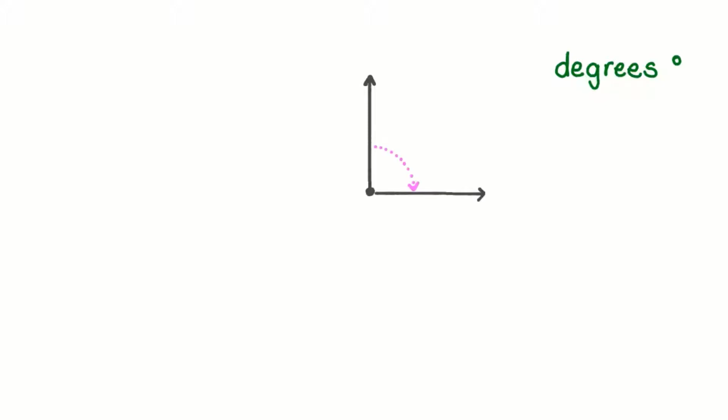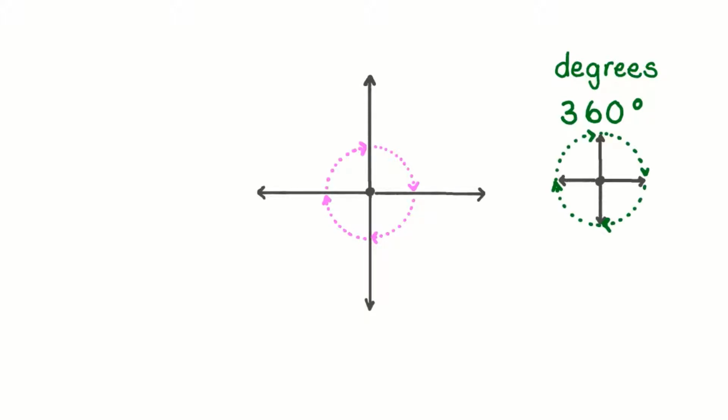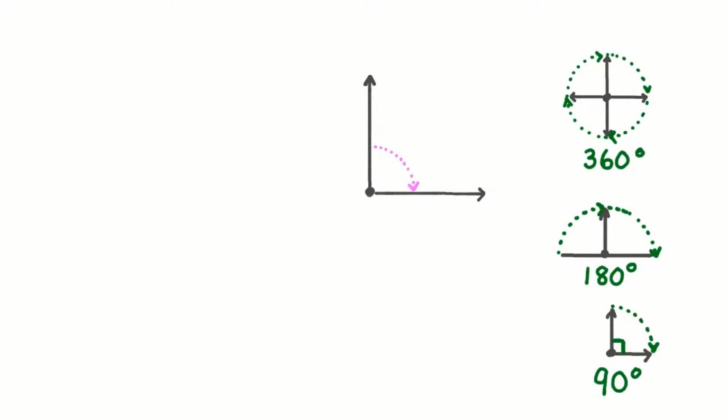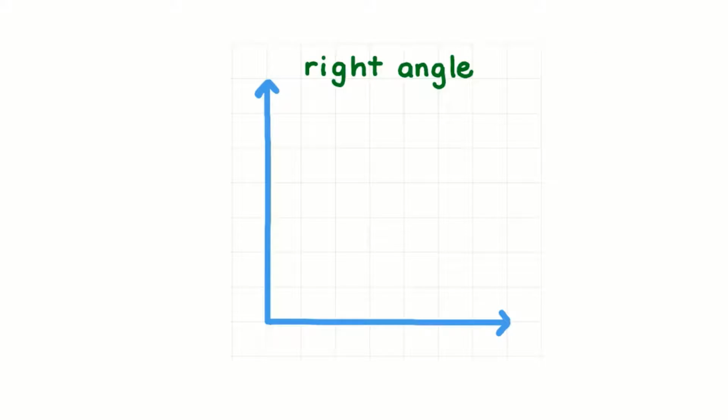A complete turn is 360 degrees, and if we make half a turn, we've turned 180 degrees. And a quarter of a turn is 90 degrees. Angles which have a square corner, like this angle, are called right angles.